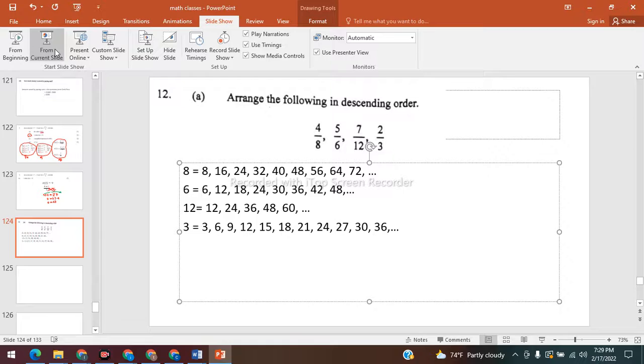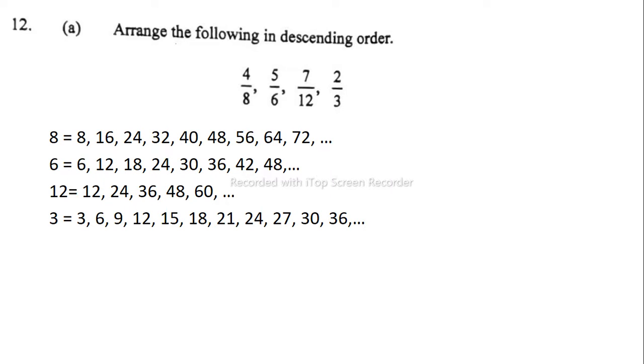Based on this, what is going to be our lowest common multiple? For 3, instead of 36 you should have put 33.